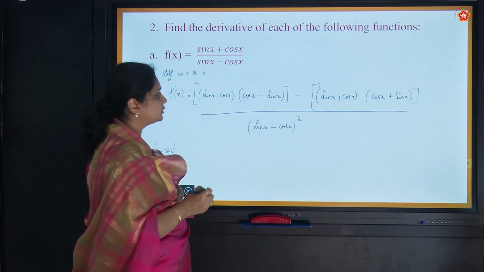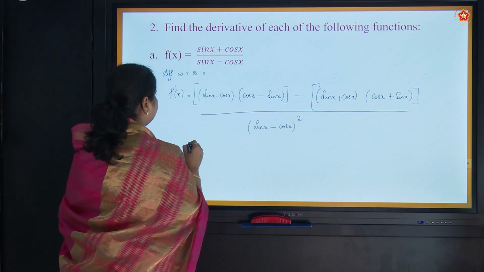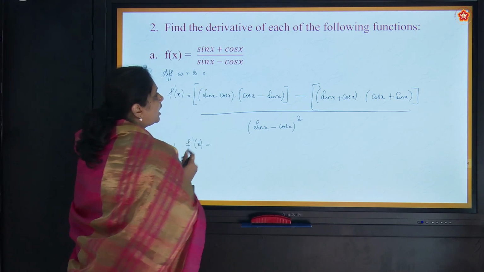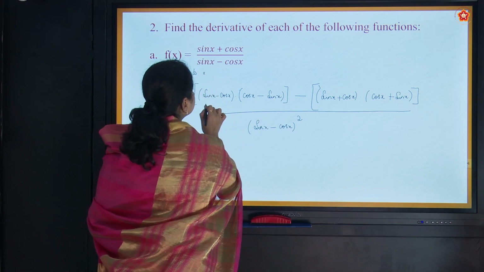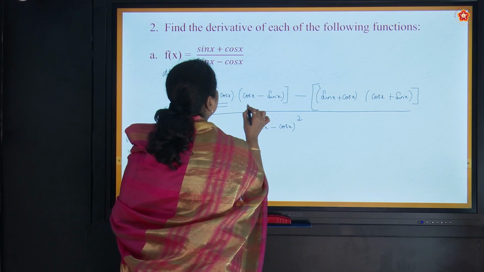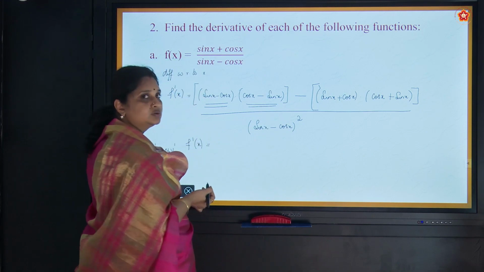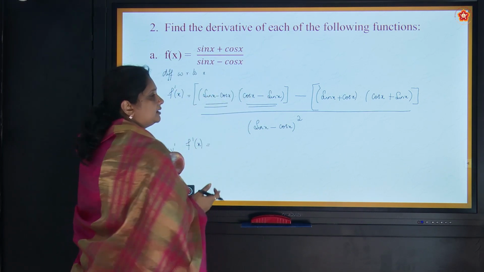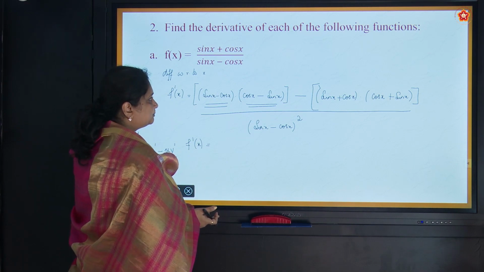So my differentiation is over, but of course you all know that we have to simplify and express it in a simplified form. Now how do I do this? This is sin x minus cos x and this is cos x minus sin x. I want to write them the same way so that I can multiply easily.